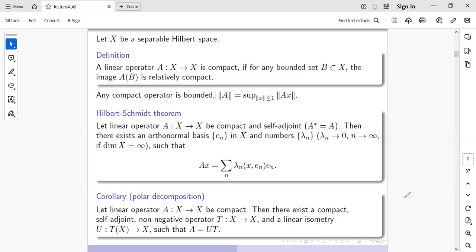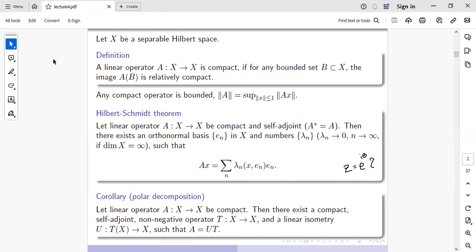This is an analog of writing, let's say, any complex number as a product of an exponent, which is the analog of isometry, times a positive number R.